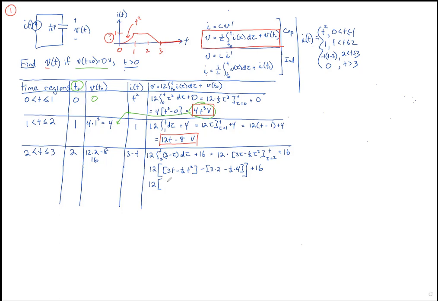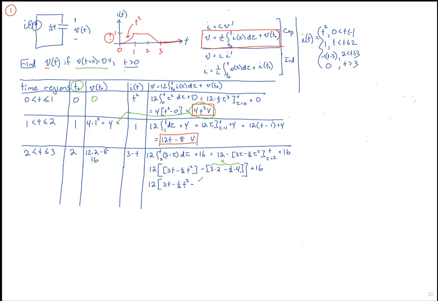So let's continue down. This gives us 3t minus 1/2 t squared. All of this together is 6 minus 2, so this whole thing is just 4.